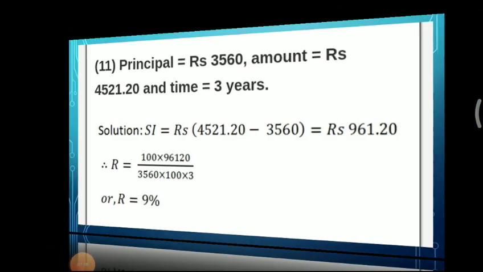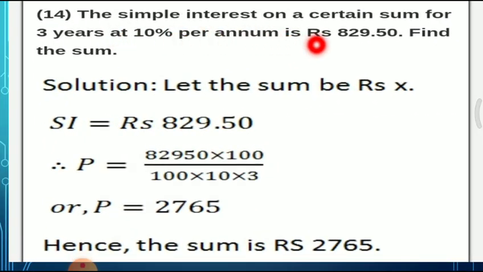Next question is: the simple interest on a certain sum for 3 years at 10% per annum is rupees 829.50. To find the sum, at first you consider that let the sum be X rupees, then SI is equal to 829.50. Now formula P is equal to SI multiplied by 100 by rate multiplied by time, so 82950 multiplied by 100 by 100 multiplied by 10 multiplied by 3.